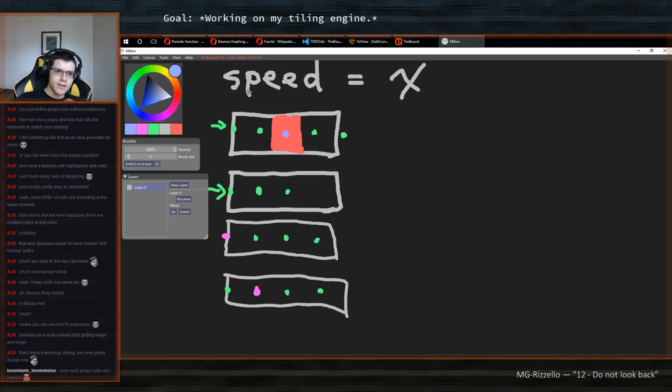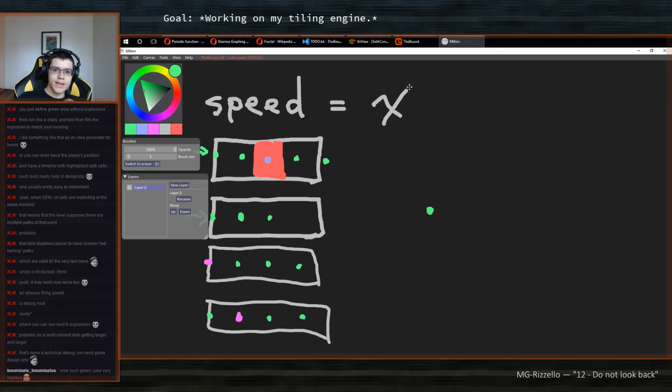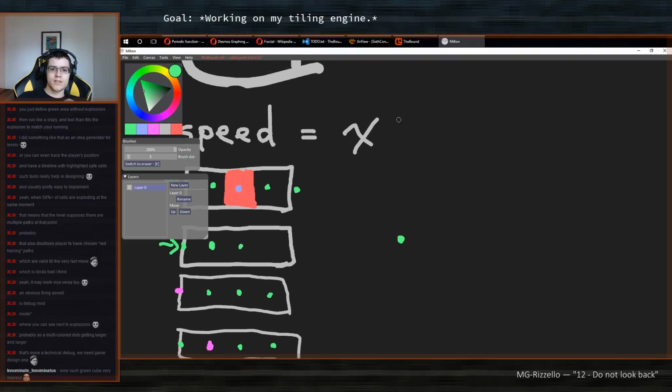What a speed means is that when you're somewhere, let's say you do this speed, a certain speed, and this is true for a certain amount of time.